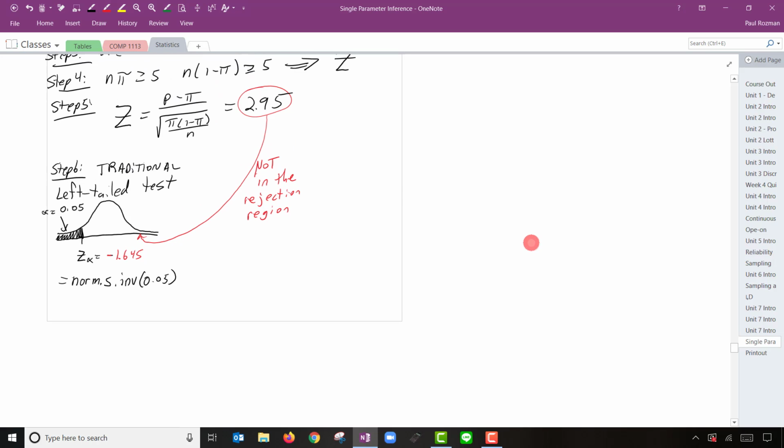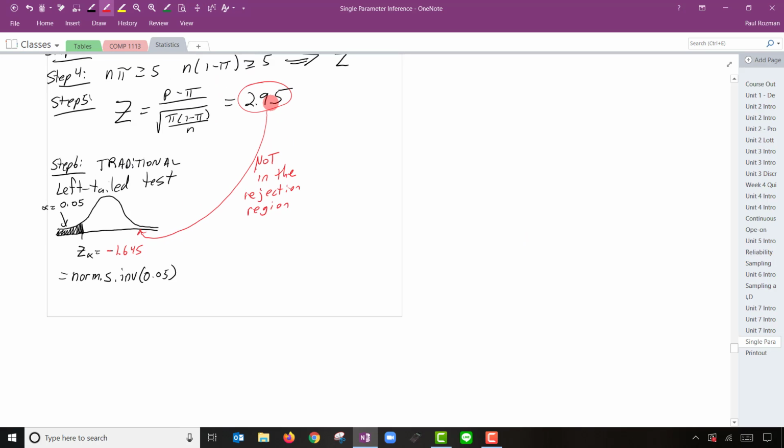We're going to fail to reject the null hypothesis. Even though we kind of got in the habit of saying, well, 2.95, that's a weird Z score. It's weirdly high, but we don't care about weirdly high Z scores in this left-tailed test. We only care about weirdly low ones. So this is not that unusual under this assumption. Step 7 will be fail to reject the null hypothesis.